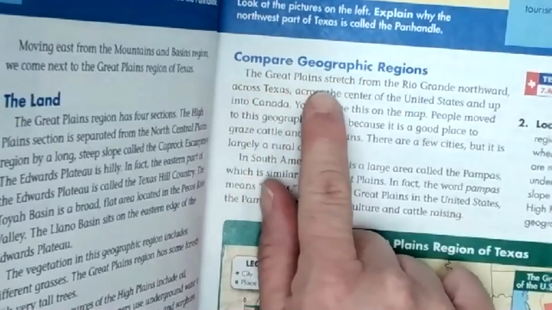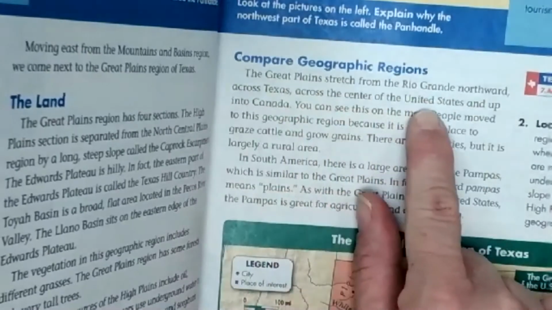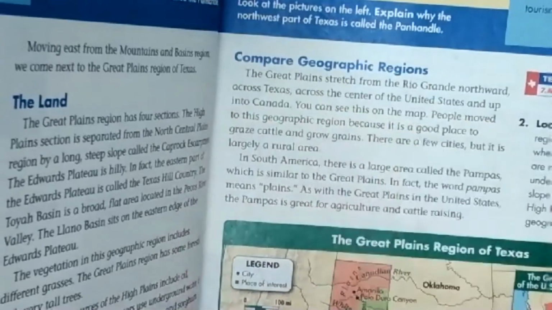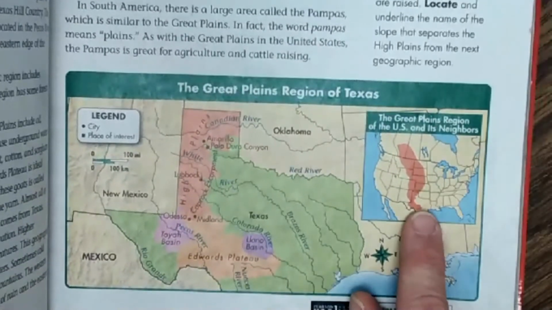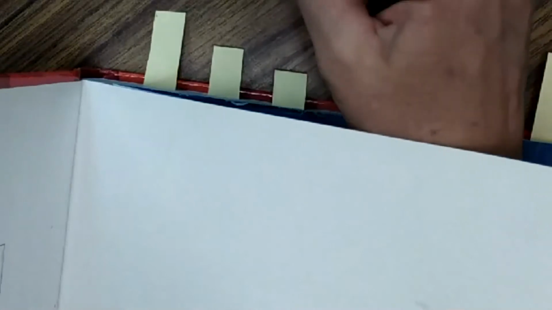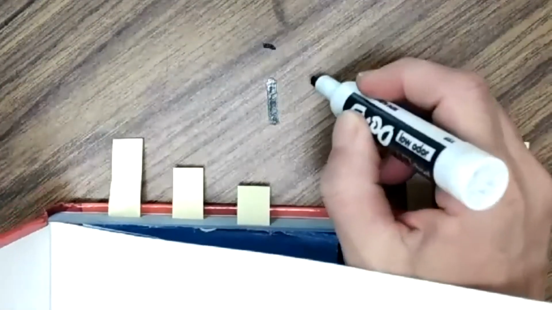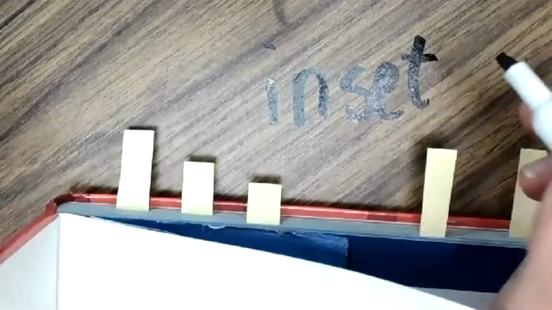The Great Plains stretch from the Rio Grande northward, across Texas, across the center of the United States, and up into Canada. You can see this on the map right here. So they have an inset map, and we spell inset like this: in-set.